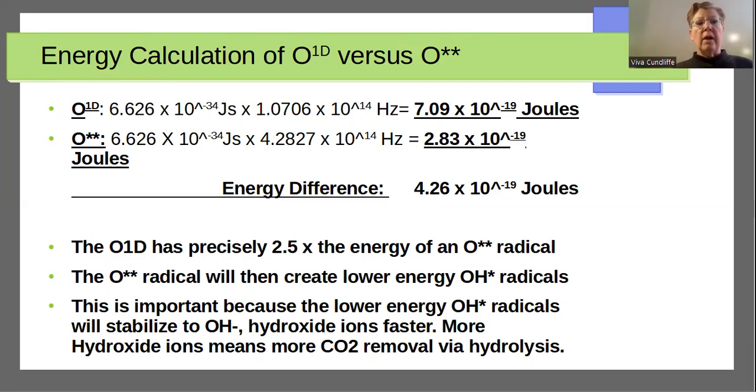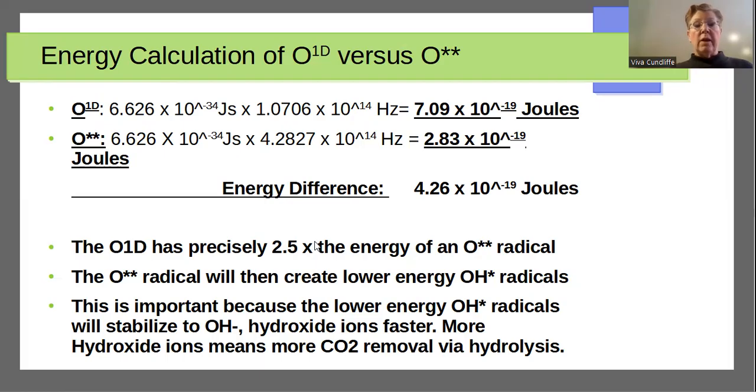So we plug in the Boltzmann constant for each one of these with their energy levels, and you can see that the energy difference works out to 4.26 times 10 to the minus 19th joules. So the O1D ozone atom has precisely 2.5 times the energy of an oxide dye radical.